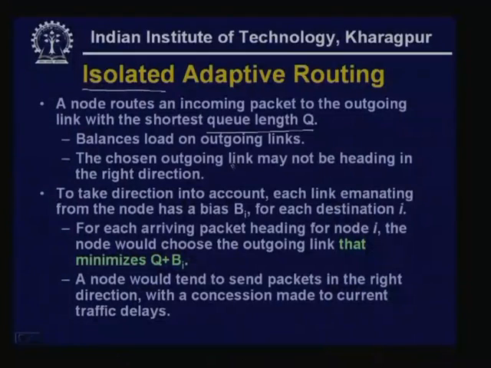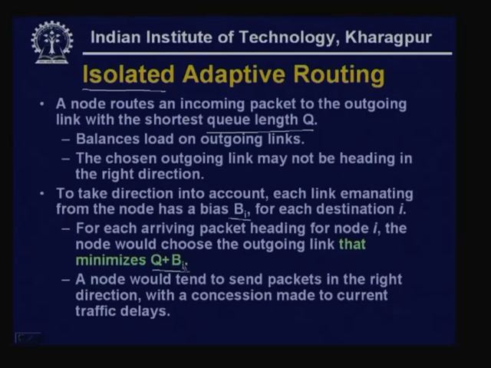How do you take that into consideration? To take direction into account, each link emanating from the node has a bias. So, the basic approach is modified and a bias Bi is used for each destination i. Now, for each arriving packet heading for a node i, the node would choose the outgoing link that minimizes Q plus Bi.